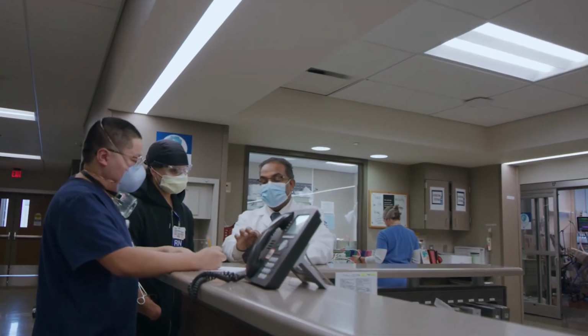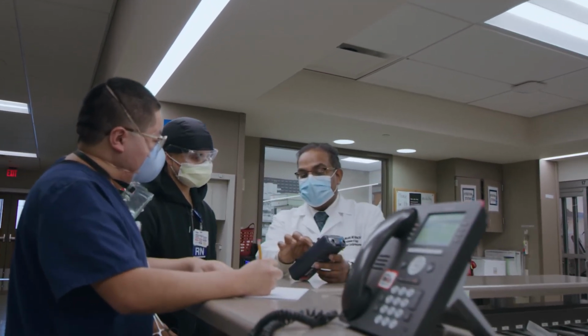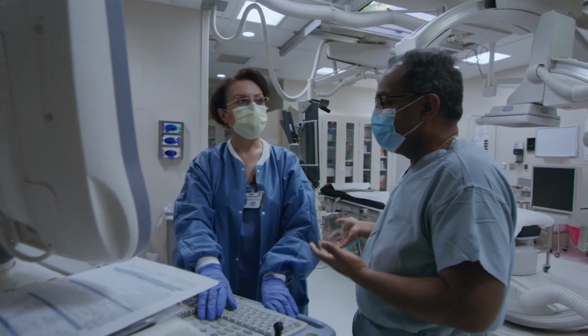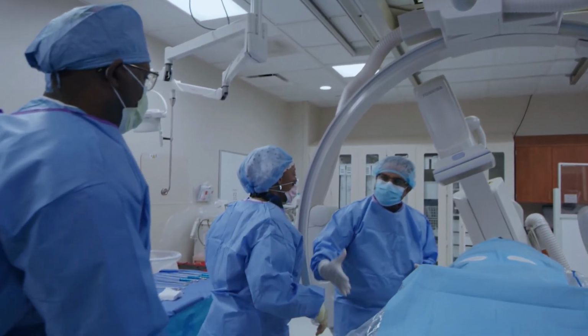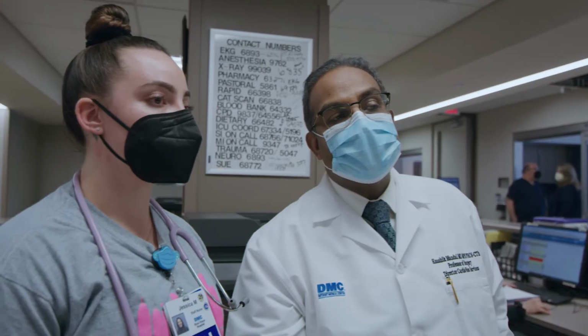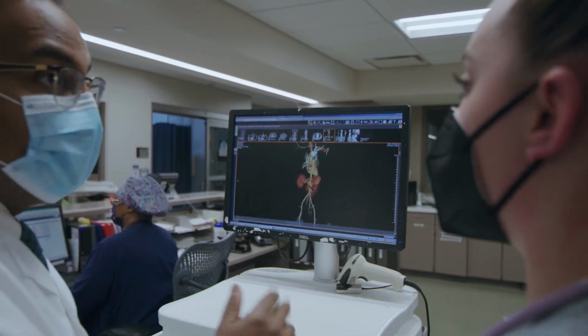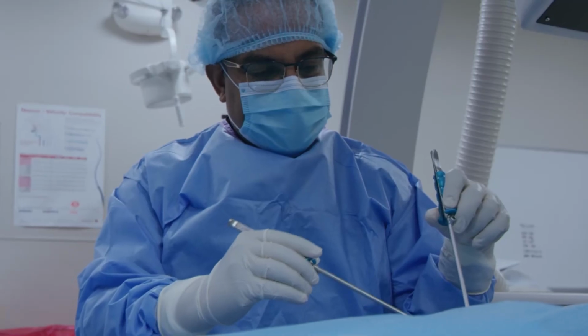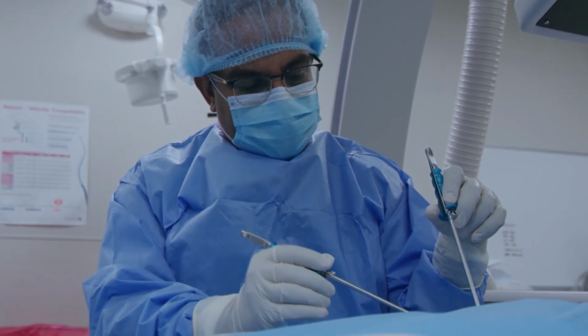And the DMC Heart team, with a team of experts with varying level of expertise in imaging and clinical decision making, allow me and my team at DMC Heart Hospital to make that decision, to have an open discussion which patient is best served by a minimally invasive procedure.